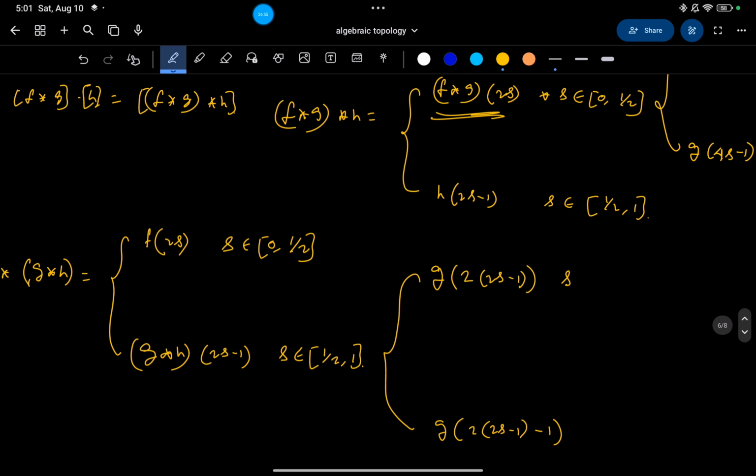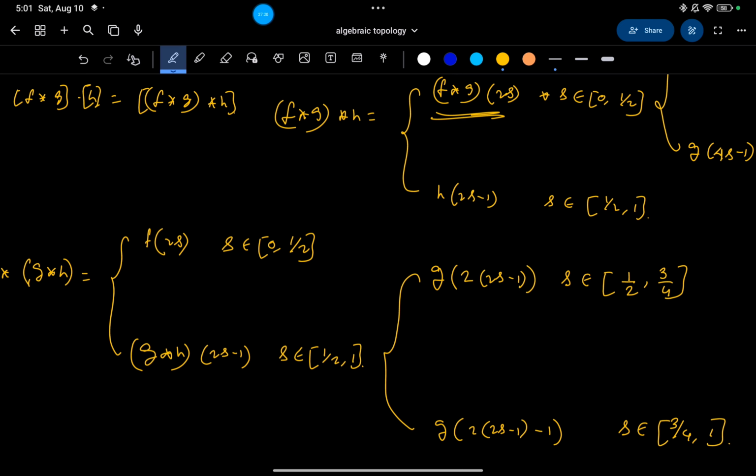So s belongs to half to 3 by 4, and 3 by 4 to 1.